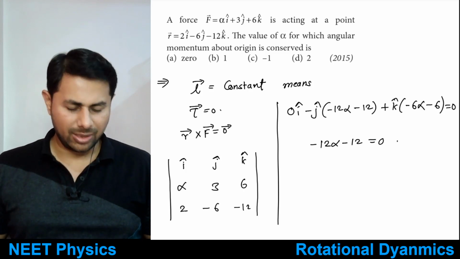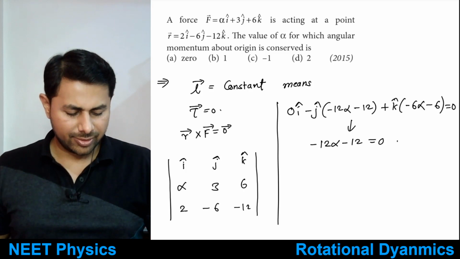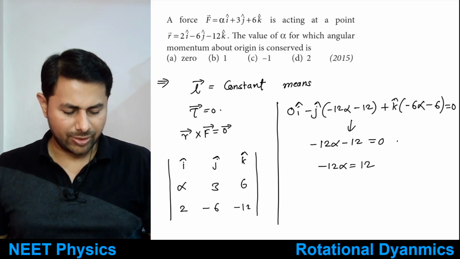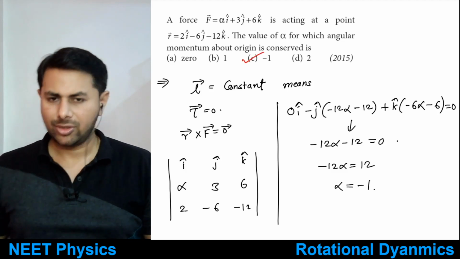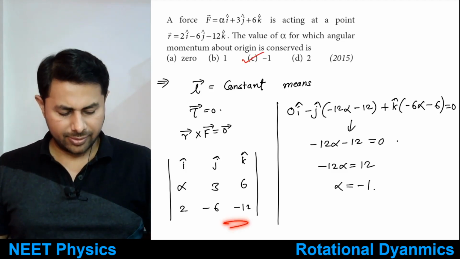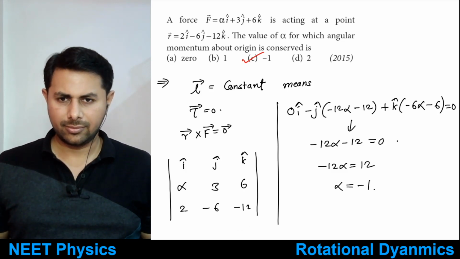So minus 12 alpha is equal to 12 if I take the y component only. So alpha is equal to minus 1. That's the answer, option C. Right, this is clear? Yes, no?